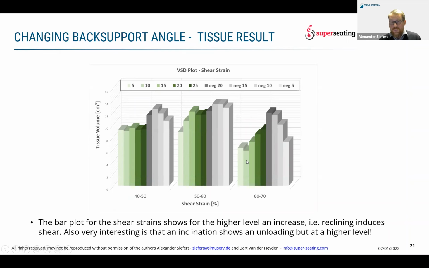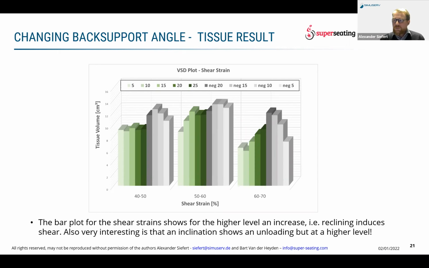But what is more interesting is when you come back, he's not coming back by his muscle force; he's pushed back by the backrest support. You can see that later on one of the next slides. He's really pushed back, which means he's sliding and pushed into the seat cushion. Based on that pushing forward, we see not only an unloading, we see directly that reducing the seat back support angle is making a different level.